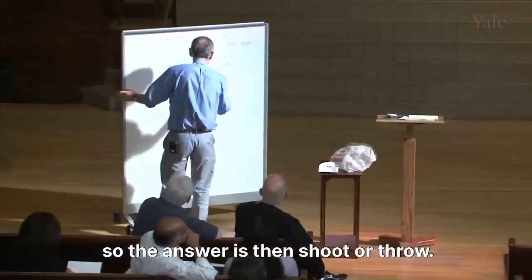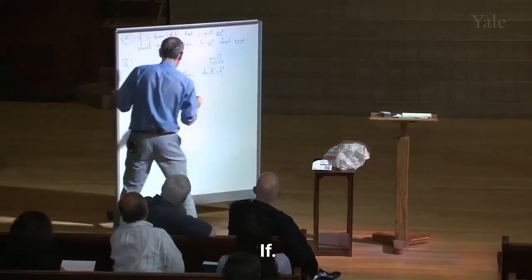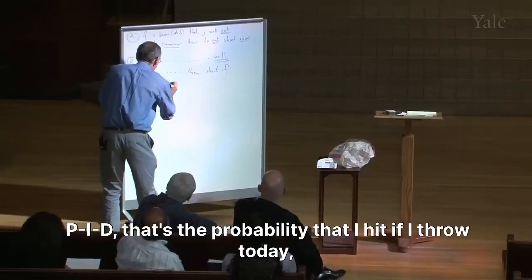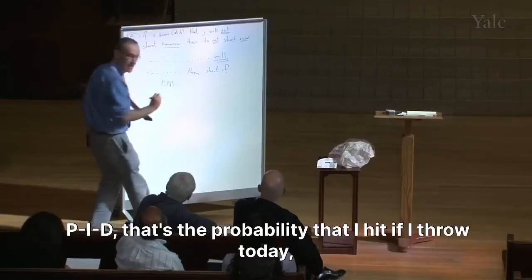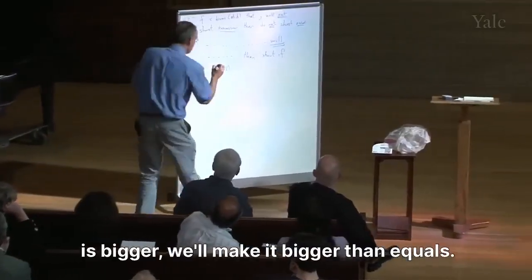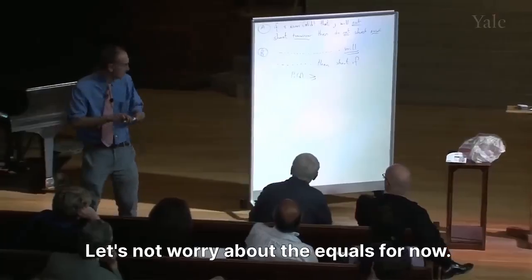So the answer is then shoot, if, all right, so let's use our notation, PI of D, that's the probability that I hit if I throw today, is bigger. We'll make it bigger than or equal to; let's not worry about the equals for now, it doesn't really matter.